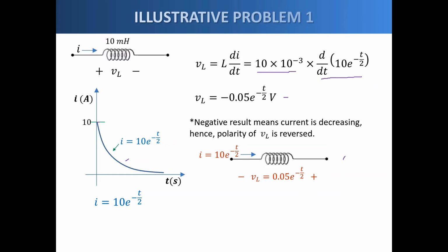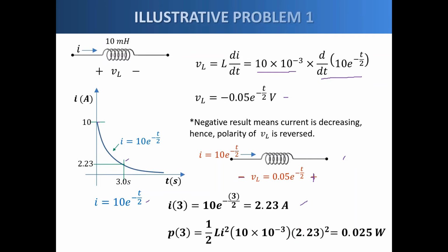Okay, so the negative is facing the current where it enters, and the positive is on the other side. To get the voltage, we simply substitute t equals 3 seconds here, so we get this answer. And for power, we use the formula 1/2 L i squared, and that should give us this answer.